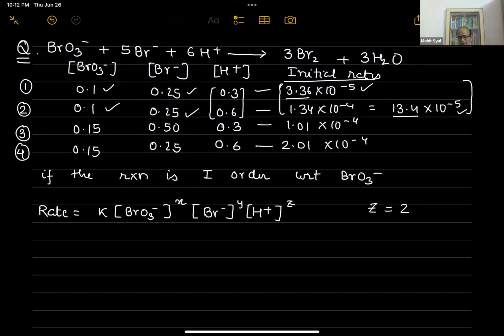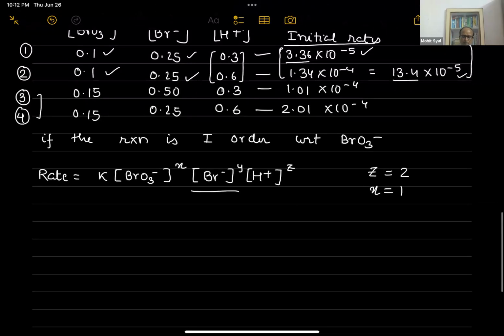X is 1, already given in the question. And now I need to find out the value of Y. So how can I get the value of Y? Select the data. Select these two equations. So you have rate equal to 1.01 into 10 to the power minus 4. Got it?